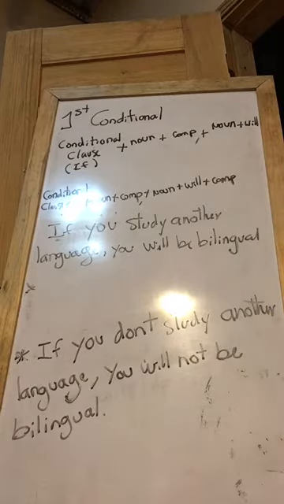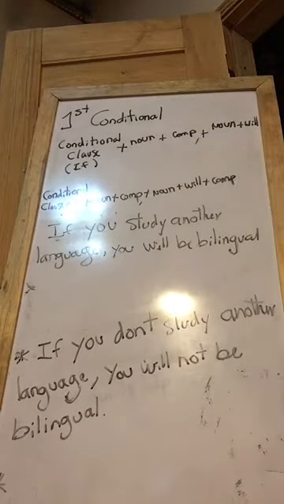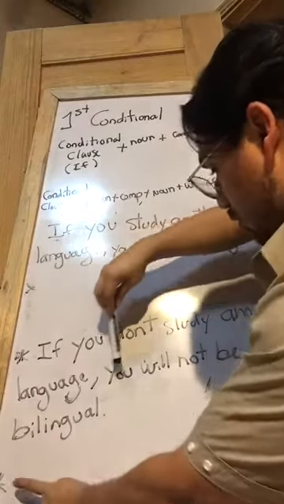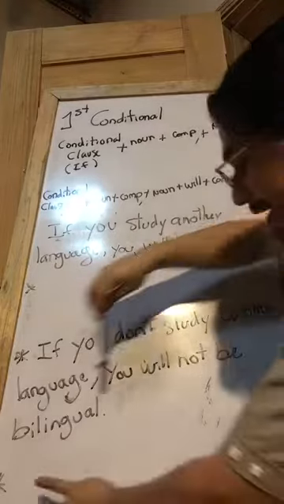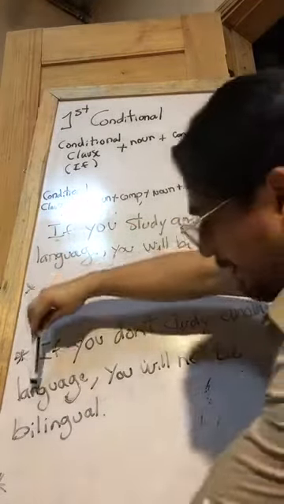Period. And then we write the opposite in here as the fourth sentence. We write, you will not be bilingual if you don't study another language.